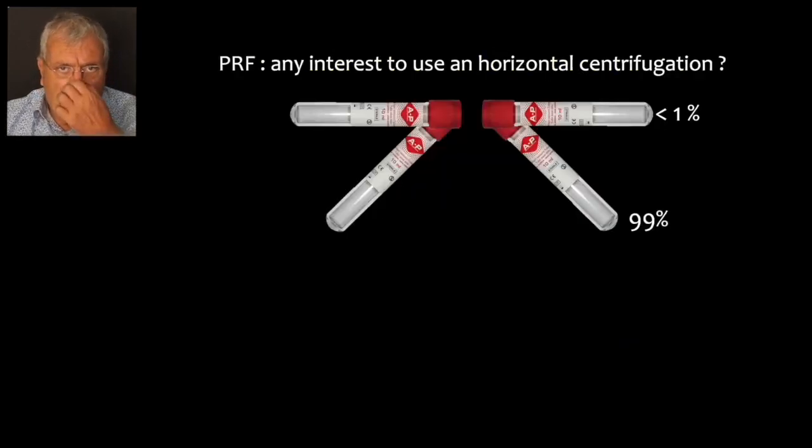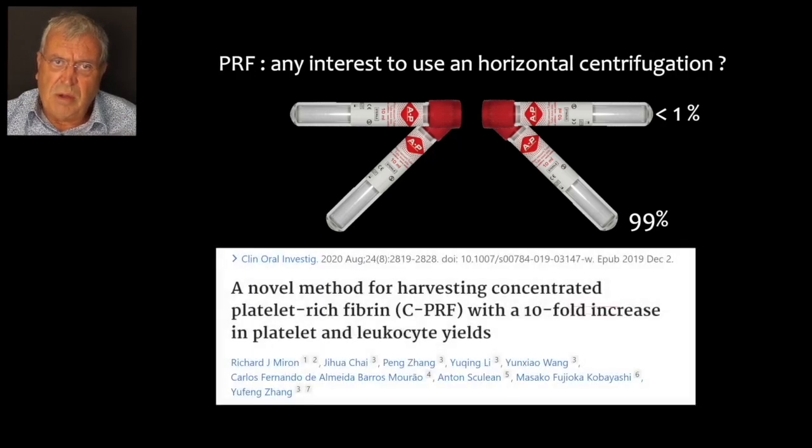Recently, it was introduced as a new technique, the horizontal centrifugation, showing that we can increase 10 times the platelets and white cells. Who can believe that just changing the angulation will give you 10 times more cells?